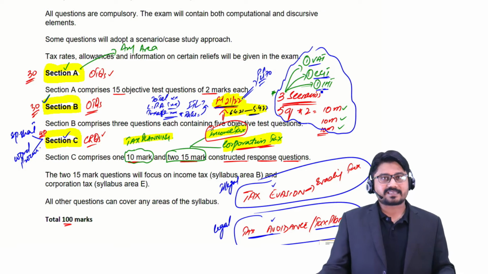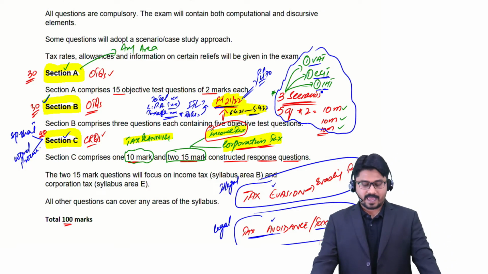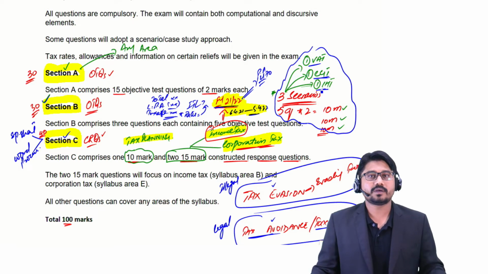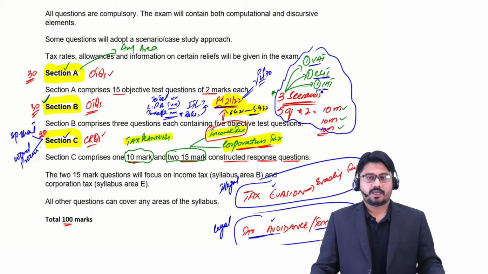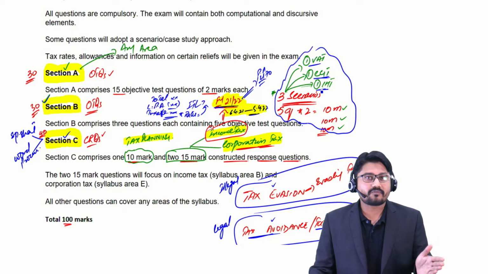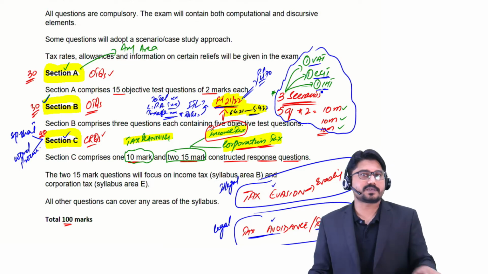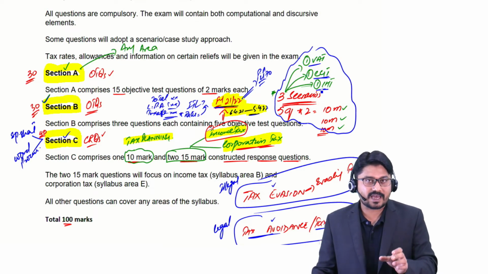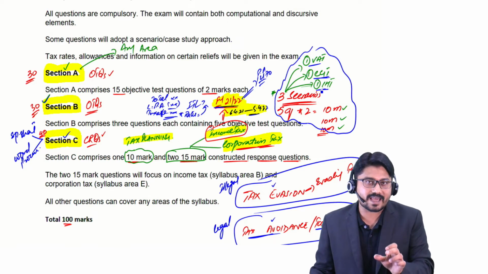What about inheritance tax? Inheritance tax is any tax which is calculated and paid at the time of death of a person. Normally what happens is that at the time of death of a person, the estate of the deceased person is transferred to other persons. So at the time of death of a person, inheritance tax is applicable to the estate.